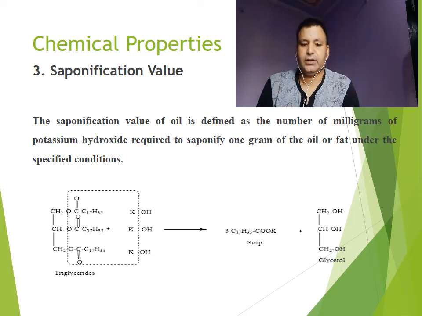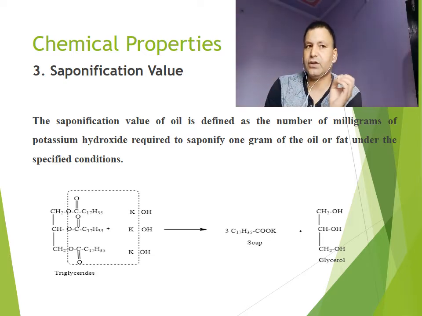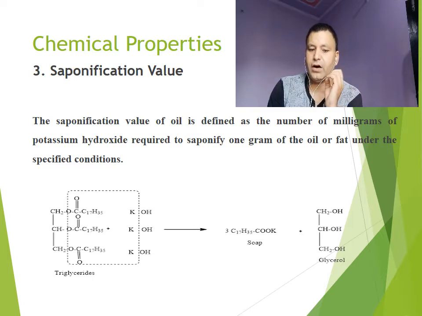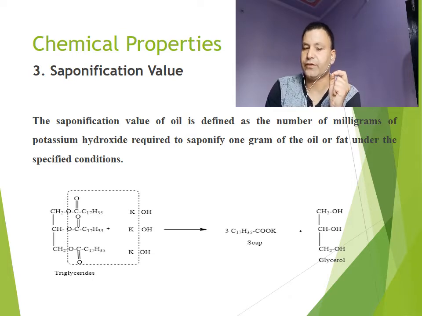Saponification number gives an estimation of non-fatty impurities present in oil or fat. Thus, we can find the extent of adulteration in a fat or oil. And during this process, as soap is formed in the product, the saponification number also gives the actual amount of alkali required by triglycerides for their conversion to soap.